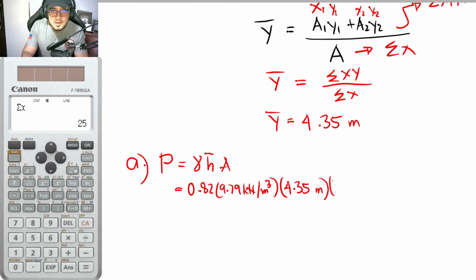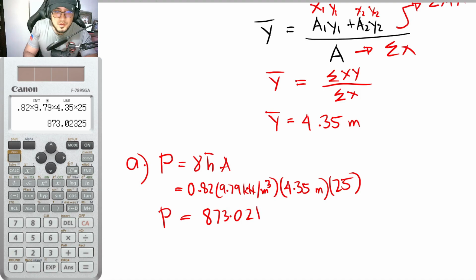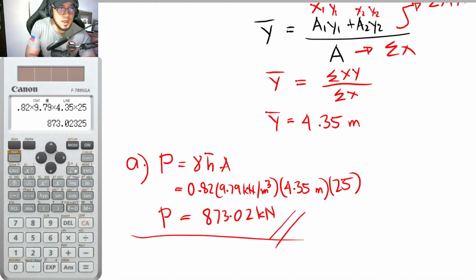And the area is 25. So the total hydrostatic pressure, if I'm not mistaken, should be 873.02. So looking at the calculator to your left, that is 0.82 times 9.79 times 4.35 times 25. So this is now 873.02 kilonewtons. So this is now for question A.